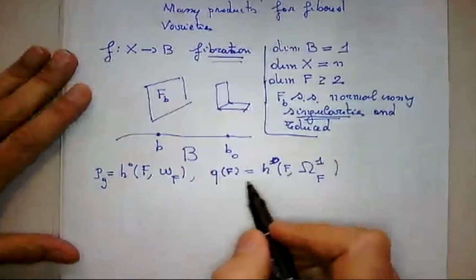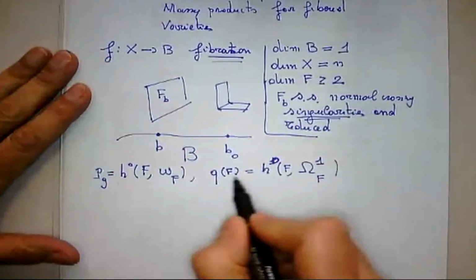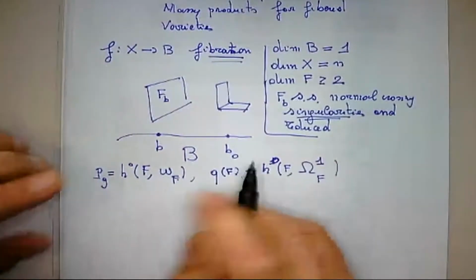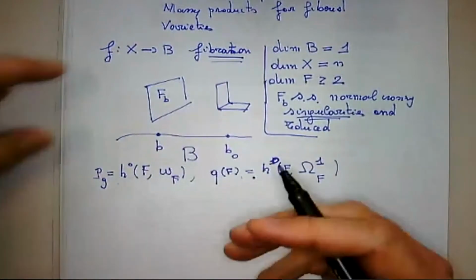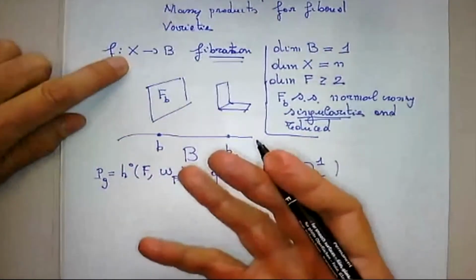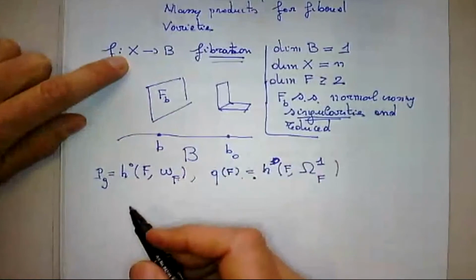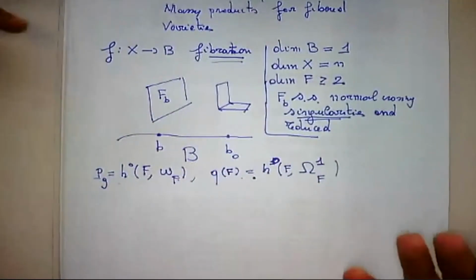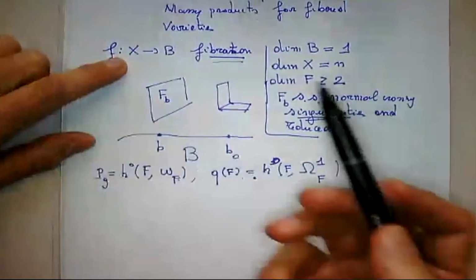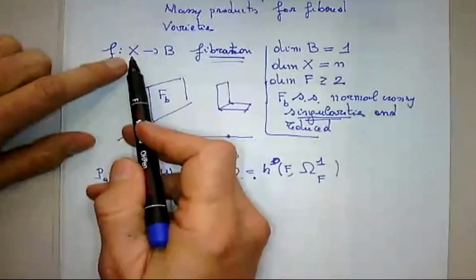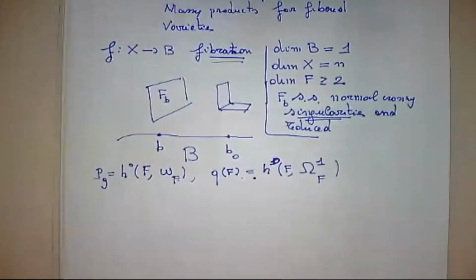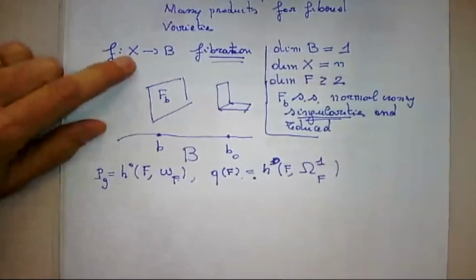Okay, and you want to relate numbers like these to the ones of the total space, in order to say, for example, that if the variety X is of general type, everybody of you, I guess, knows that it can admit only certain kinds of fibers.